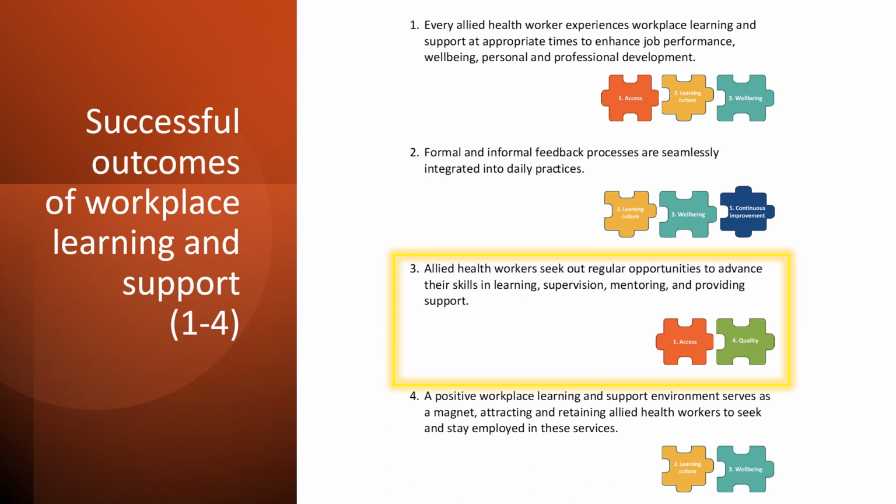We are very keen for allied health workers to not only develop the skills that they need for their job, but also the skills needed to continuously learn about their job, and to support others in enhancing their job performance.